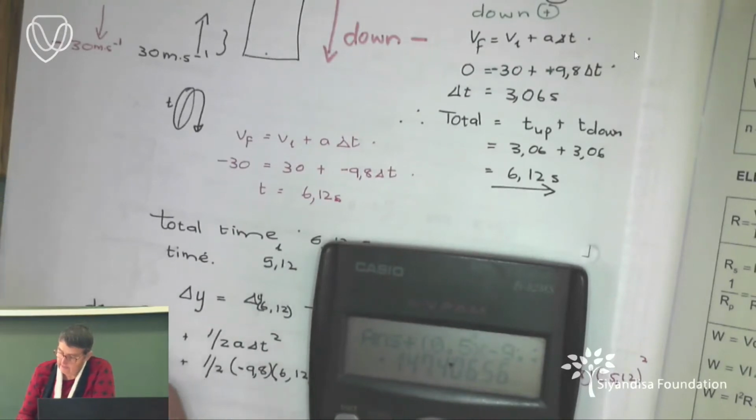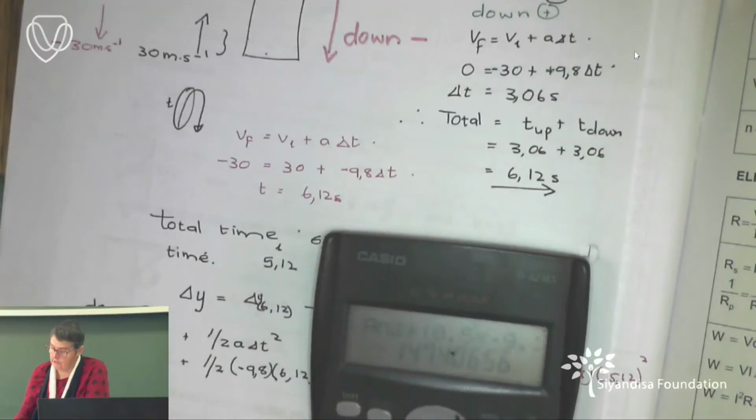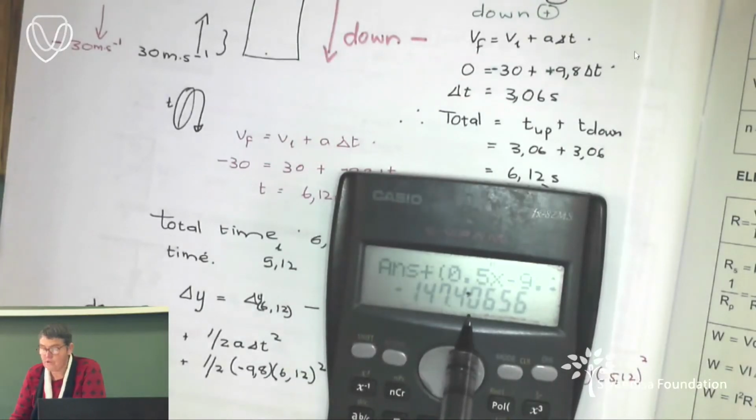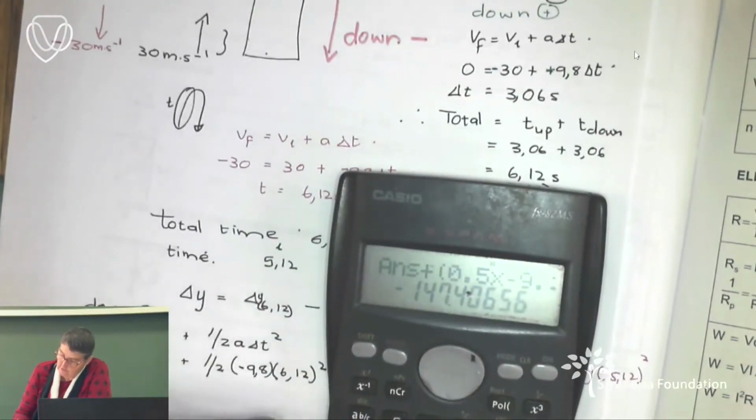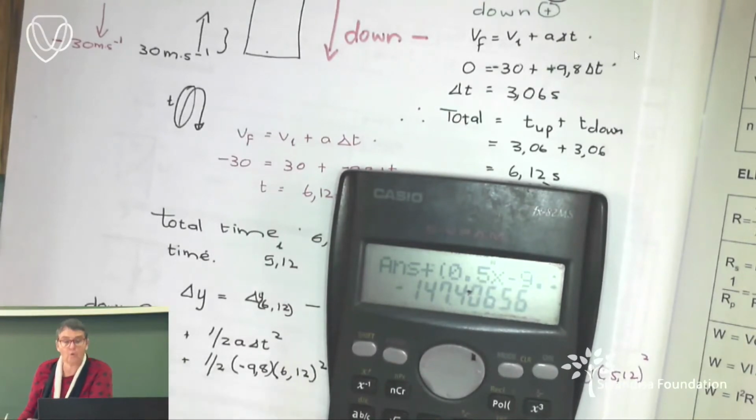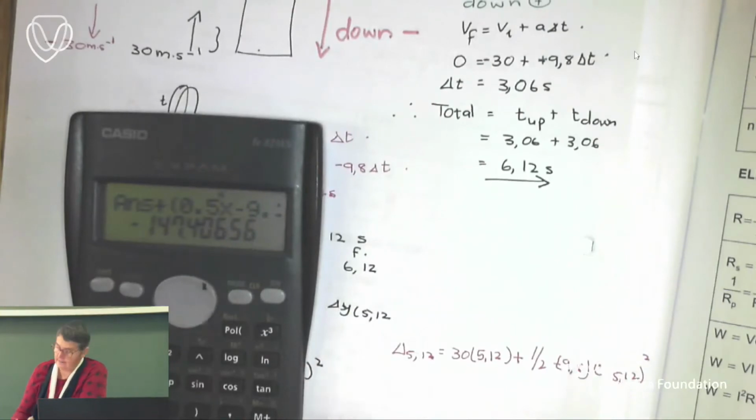Yeah, I get delta y is equal to 147,4. Oops. Let's just make 100% sure. This is 40, but that's a 6. So this becomes 41. Okay. Right. Now we've got to do the pink one. Exactly the same.